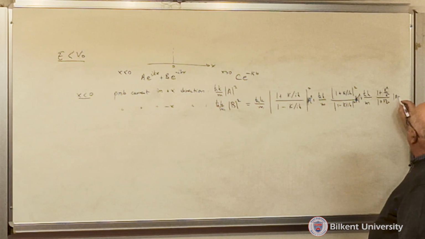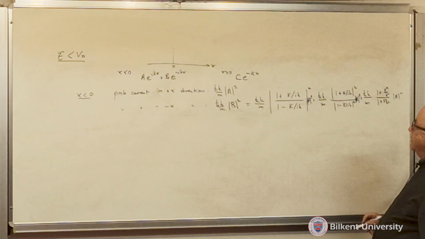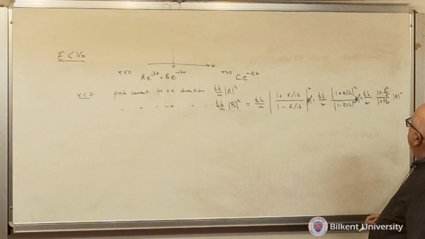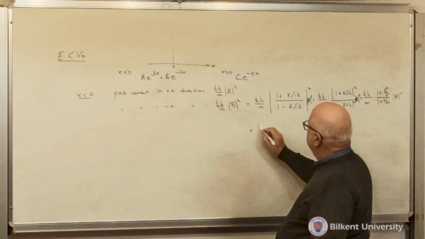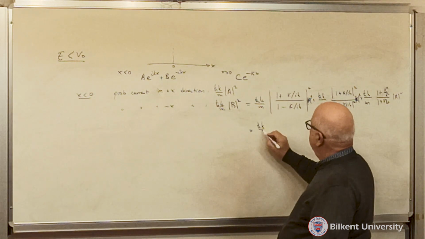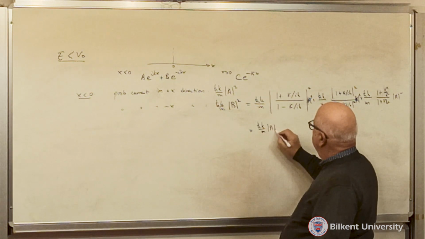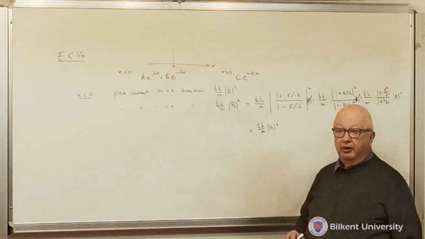So to summarize, it's equal to h bar k over m times the magnitude of a squared.